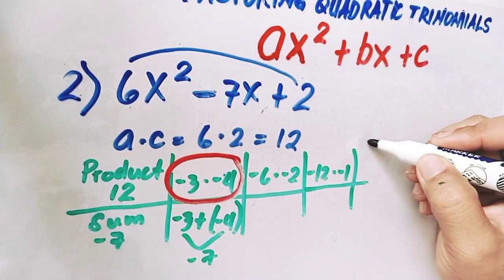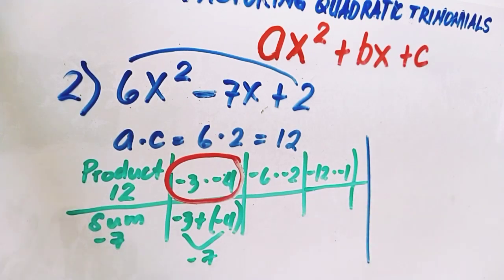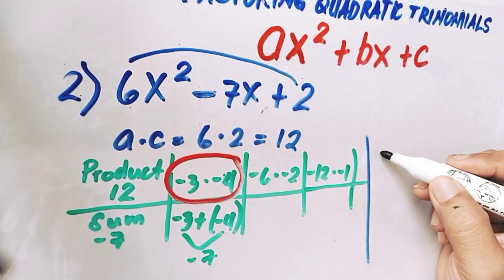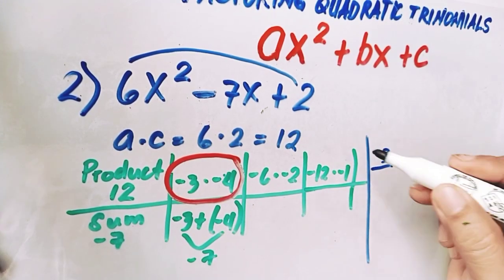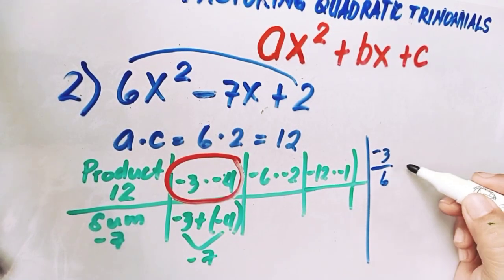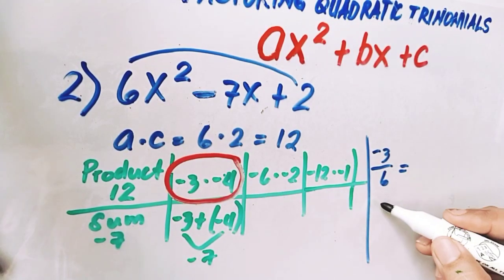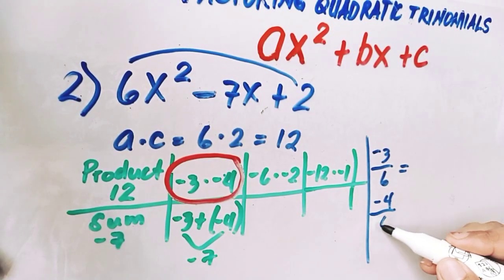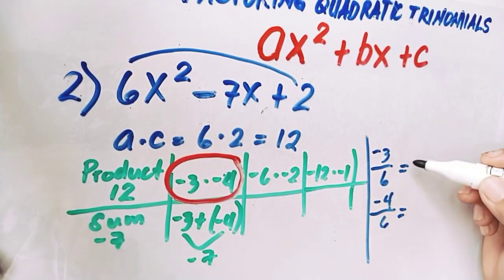Then, the second step is dividing our factors by the coefficient of x squared. So our first factor is negative 3 divided by the coefficient of x squared, which is 6. And then the second factor is negative 4 divided by the coefficient of x squared, which is 6. Then let's simplify now.